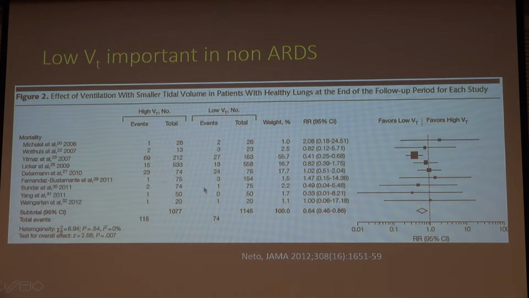And when they pooled the results of all these studies, they found that patients that were ventilated with 6 cc's per kilogram compared to 12 cc's per kilogram did much better, were less likely to develop ARDS than those that were ventilated with larger tidal volumes, and had a mortality benefit as well. Again, so not just ARDS, really many patients in the intensive care unit are going to benefit from ventilation with low tidal volumes.